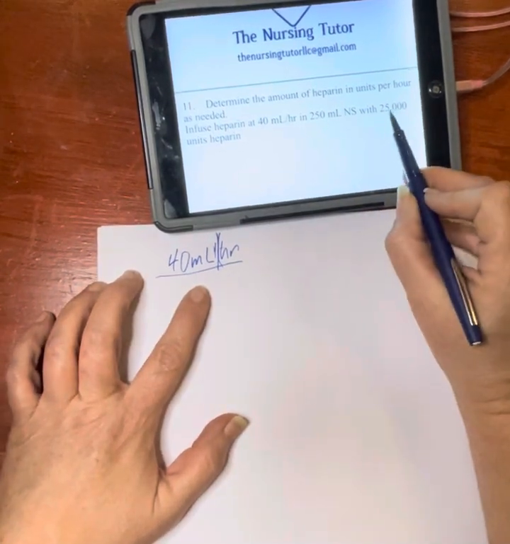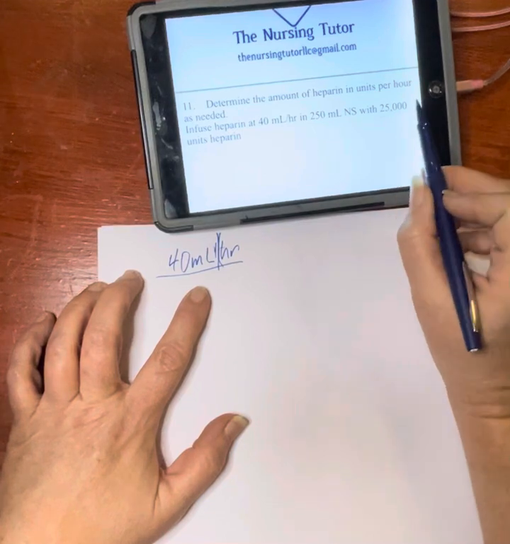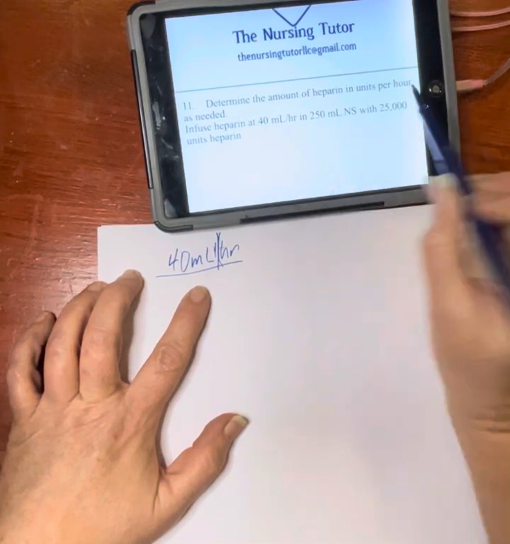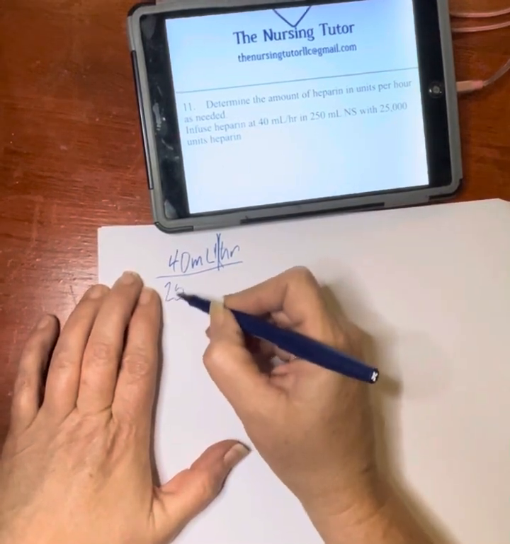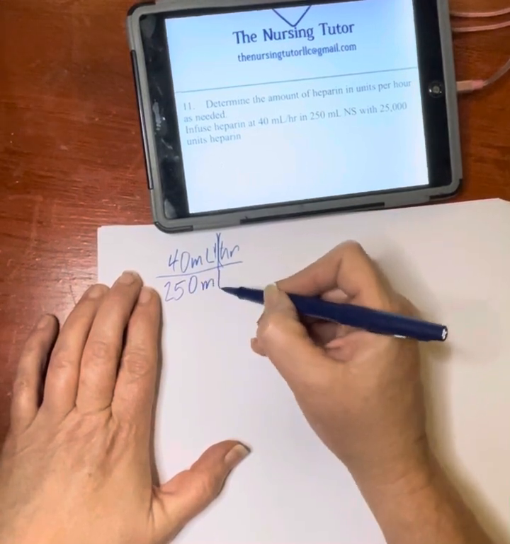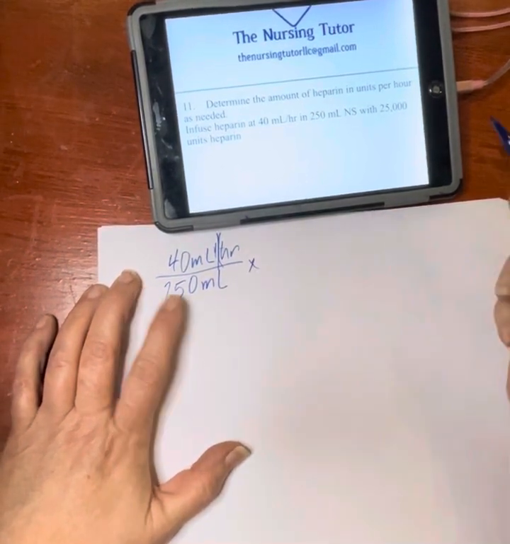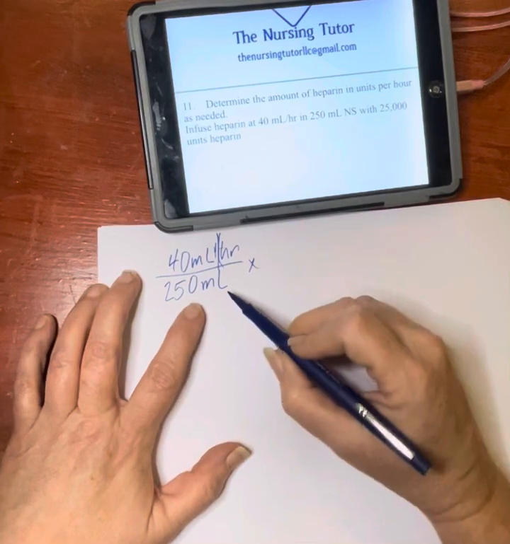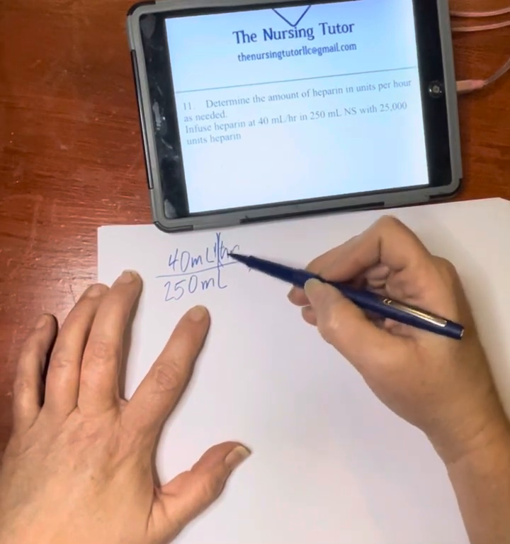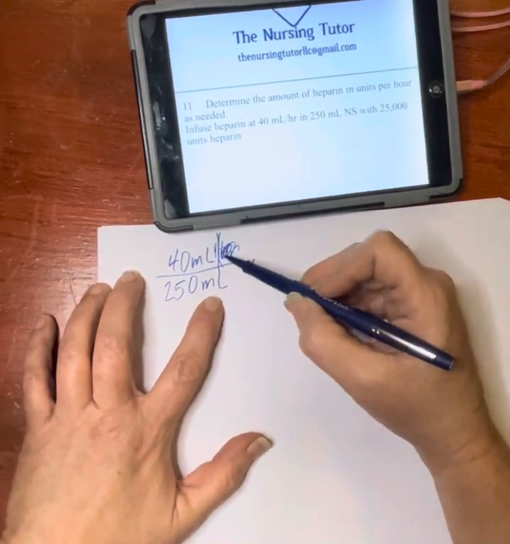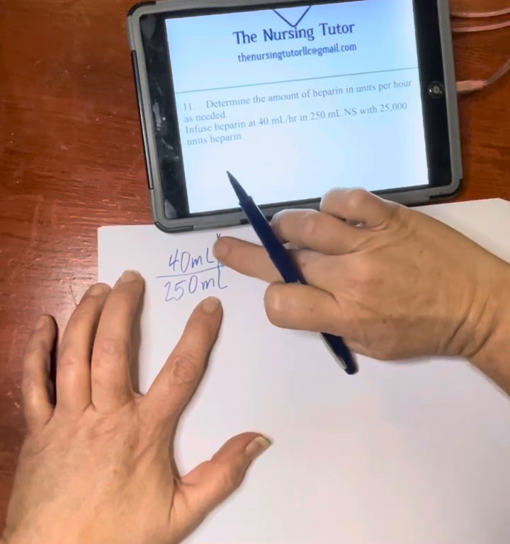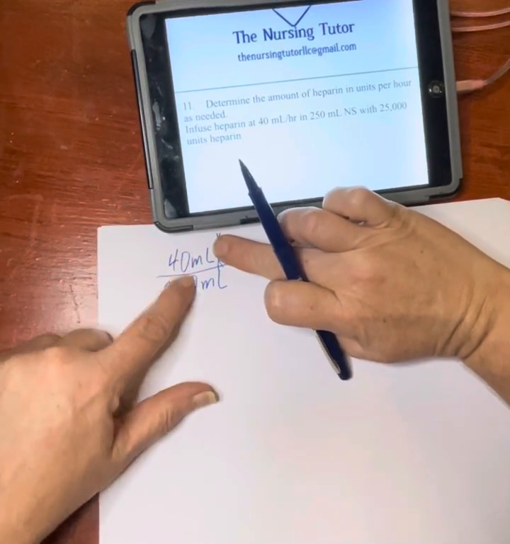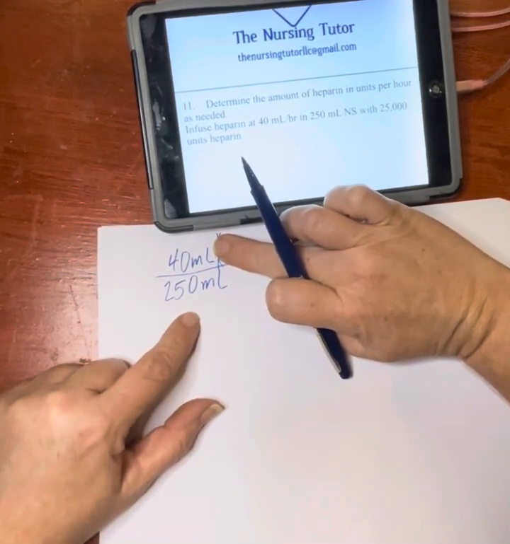This is the same as 25,000 units of heparin in 250. They just flipping it around. And look, they got to know you're not going to freak out. So don't freak out. It has to have the same last name. I know that I got hours. I hope that don't throw nobody's cover. Look, I erased it. They have to have the same last name to be able to go in this fraction. That's the law.